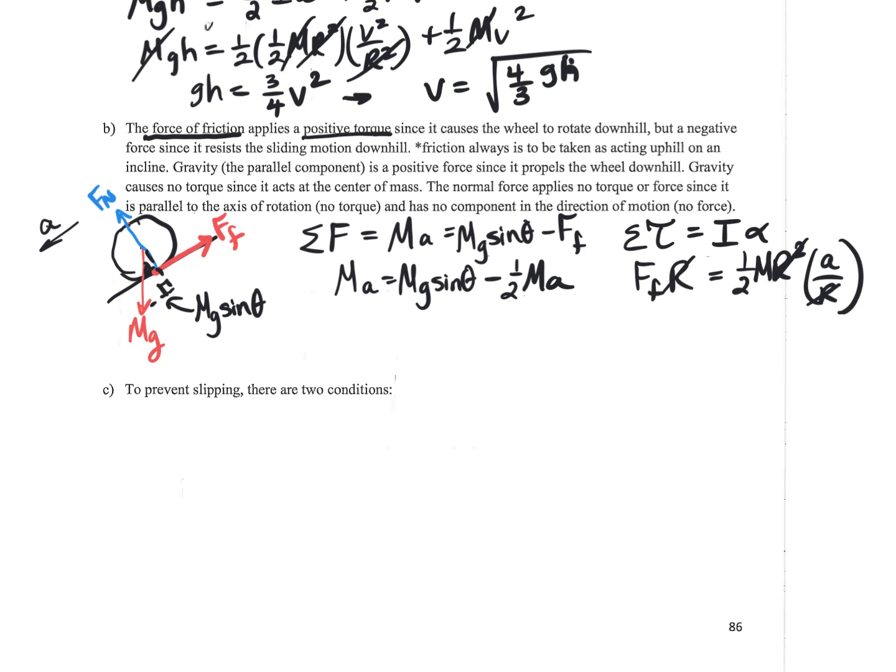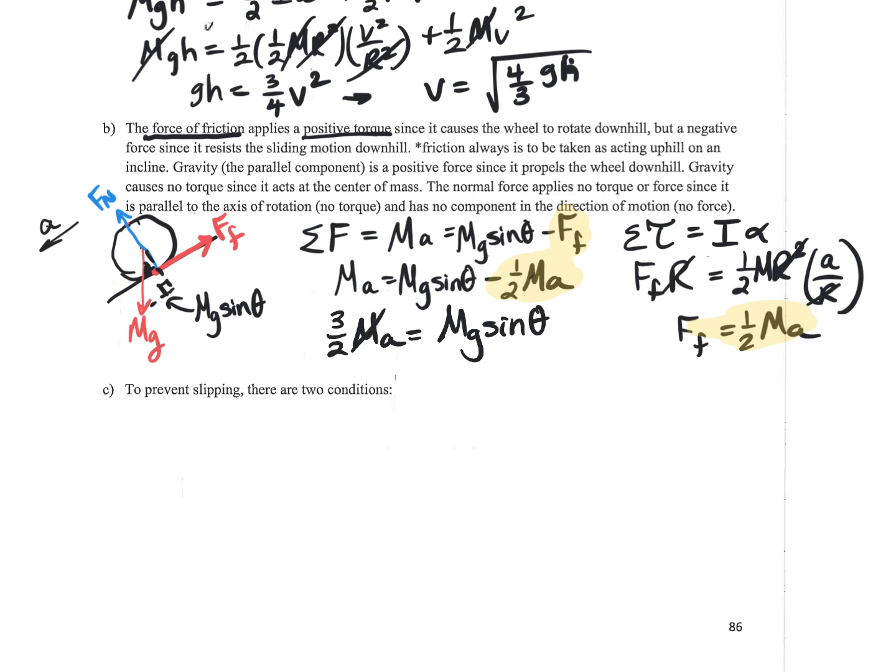Now, where that came from, just for everybody at home who's wondering, this was force of friction equals 1/2 MA, right? So then what I did was take this and put it in for this to become that. All right? So now, let's take this, add this to the other side. We end up with what? 3/2 MA equals mg sine theta.